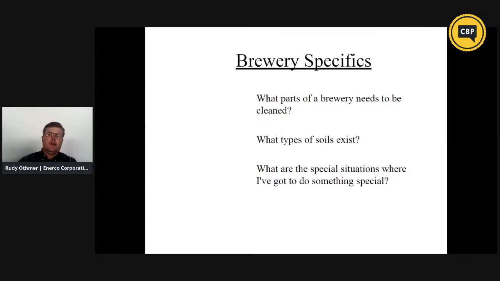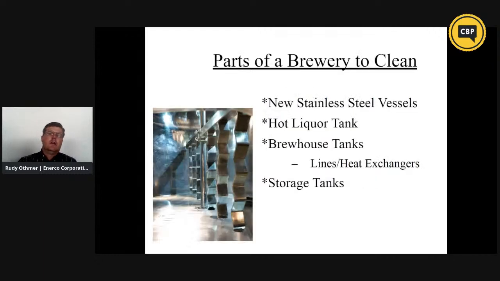So what parts need to be cleaned, what types of soils exist, and what are the special situations where you might run into trouble. So let's run through each of these parts in a typical brewery and take a look at things. Again, looking at kind of a high level view of it, if you will.